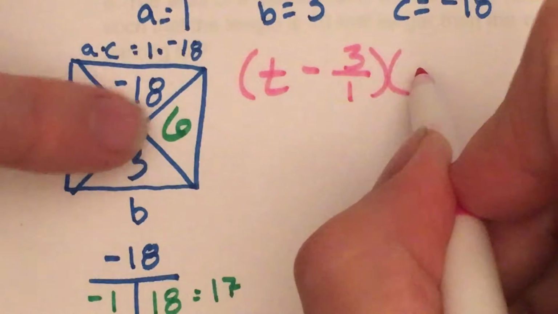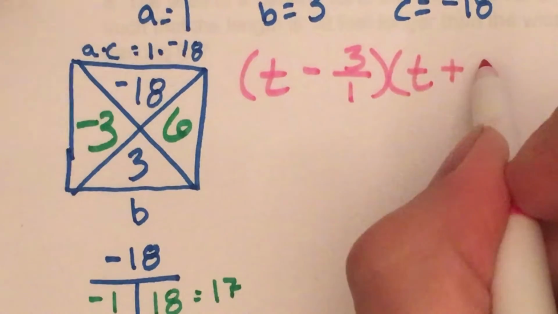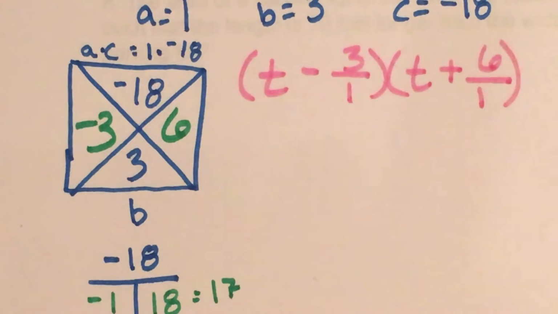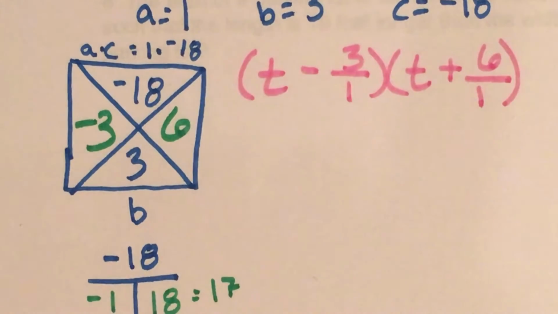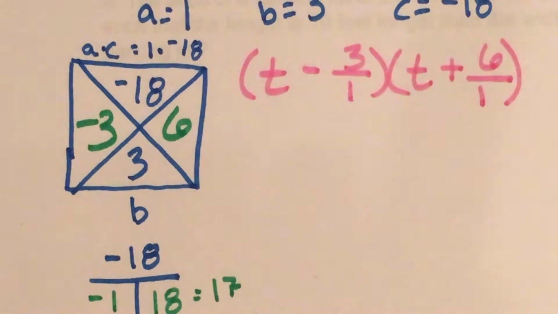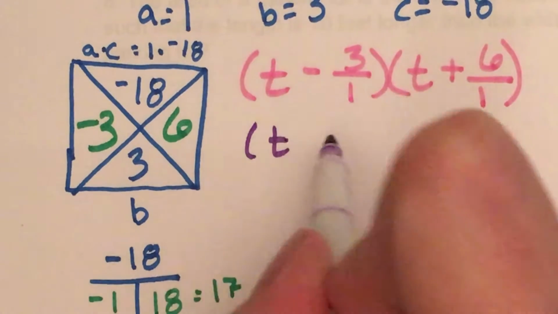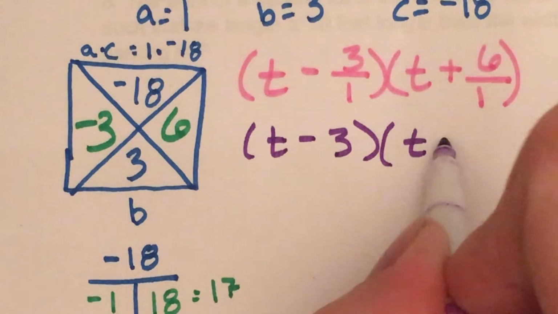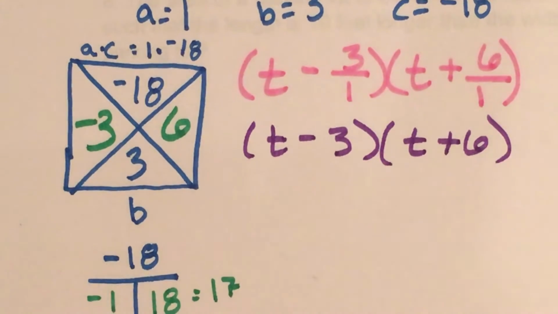Great. And T plus 6 over A, which again is a value of 1. That's super. T minus 3, we just reduced. And T plus 6, we just reduced.